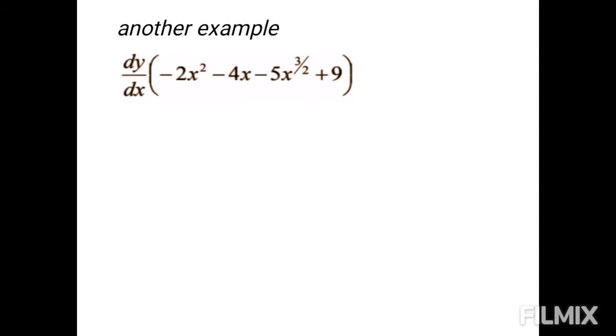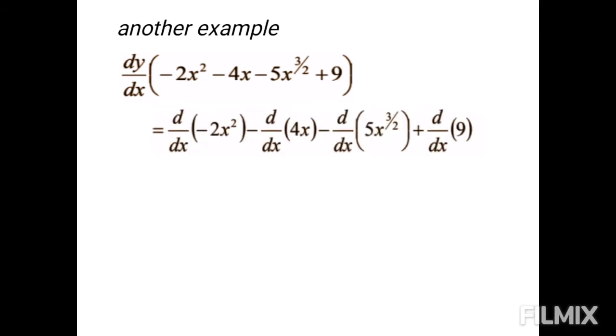See the other one. Here's another example. Say I asked you to find the derivative of negative 2x squared minus 4x minus 5x raised to 3 halves plus 9. So separately, we need to find the derivatives of these terms.